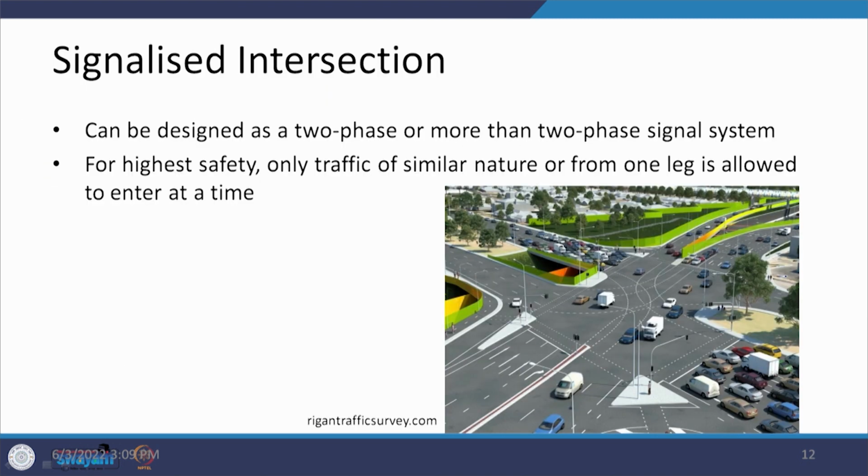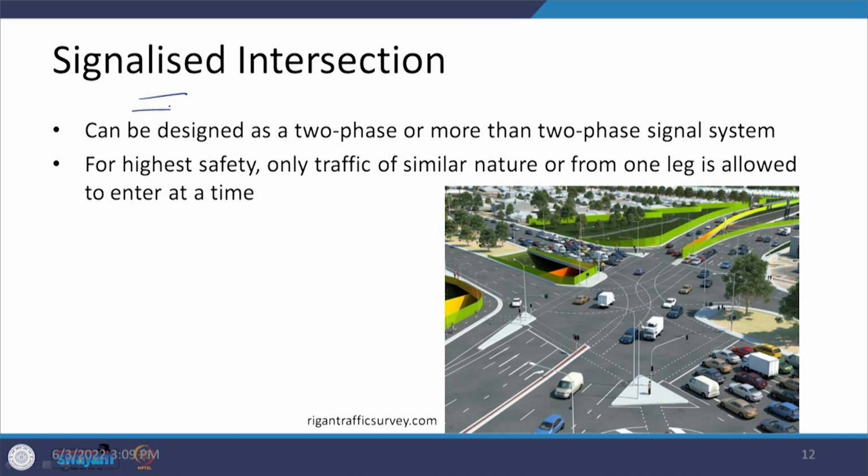Now, the culmination in terms of the time segregations is coming from signalization at any intersection, and this can be the highest type of safe design, where based on the cycle lengths and based on the number of phases which are being adopted for the different types of movements at this intersection, we can reduce or we can eliminate the conflict points.